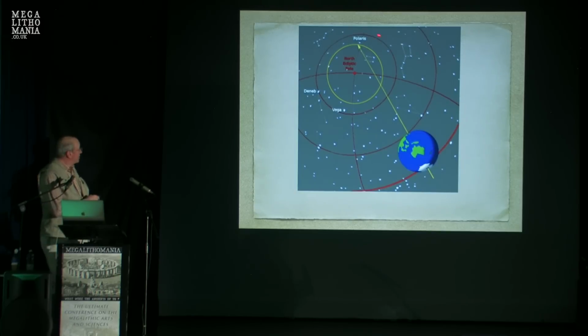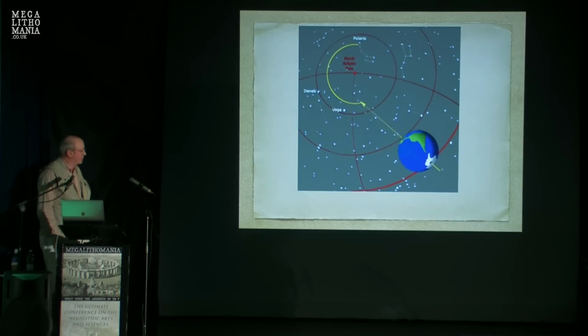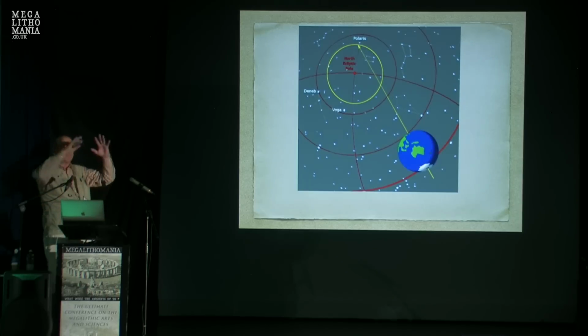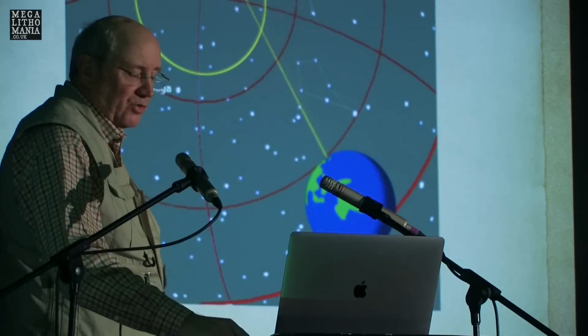So this is the celestial pole rotating around the ecliptic pole and making this big yellow circle in the heavens above. So if you go out on a winter's night, you'll see this big yellow circle in the northern skies. And that's important.